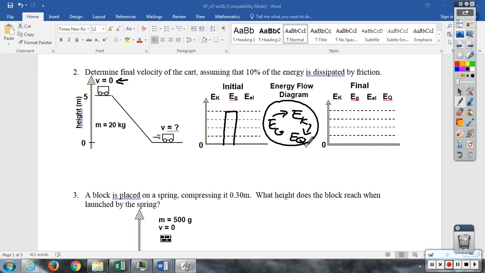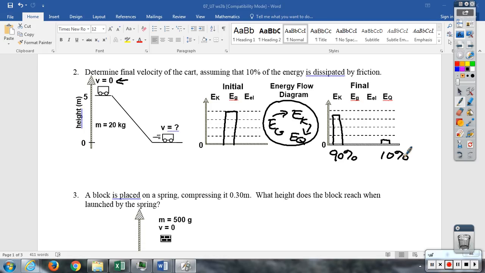So 10% of the 100% that we had initially is EQ. The rest of it is EK. So it will be just shy of reaching the top line there, and EQ is small. So this is 90%, 10%.